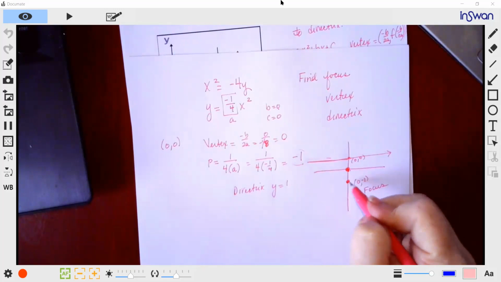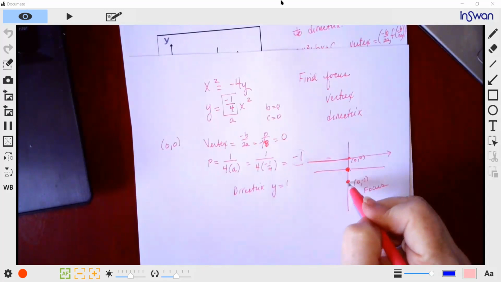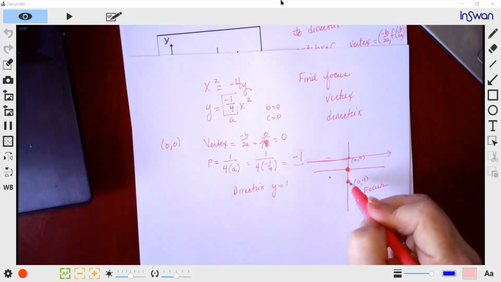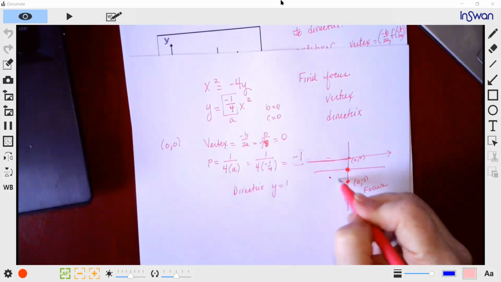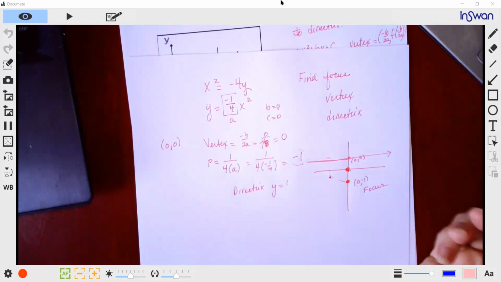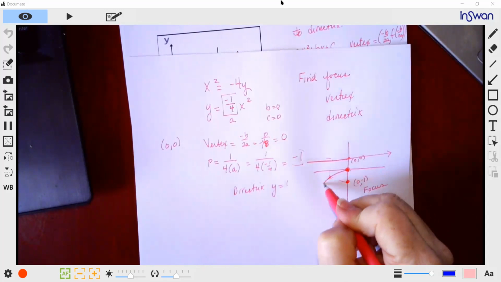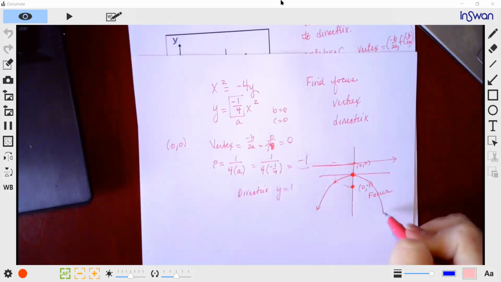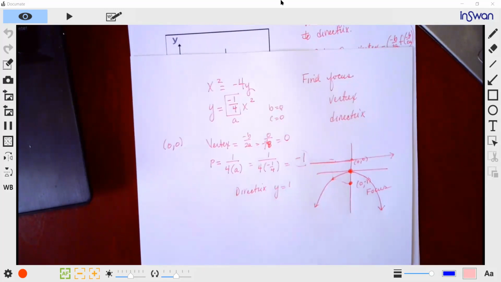So our parabola is going to be all points that are equidistant from this point to this line. So if we do, say, this point, distance from the point to the line, that looks about the same. So we're going to have a parabola opening down like that.